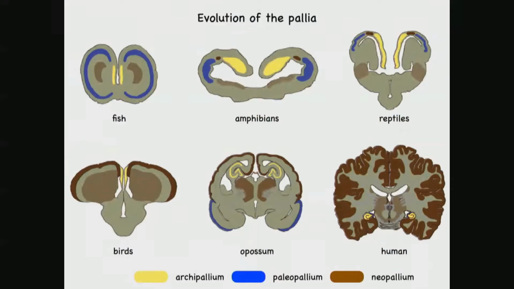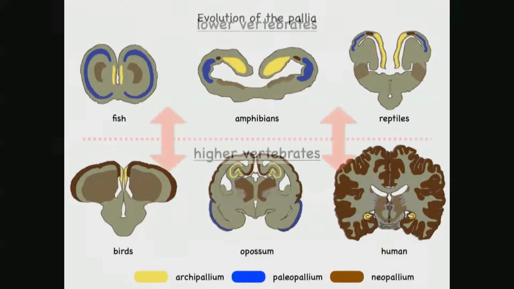But in fish, amphibians, and reptiles, that is, lower vertebrates, the neopallium is located in between the archipallium and paleopallium, and they occupy very small parts. So the pallial structure is quite different between the lower and higher vertebrates.